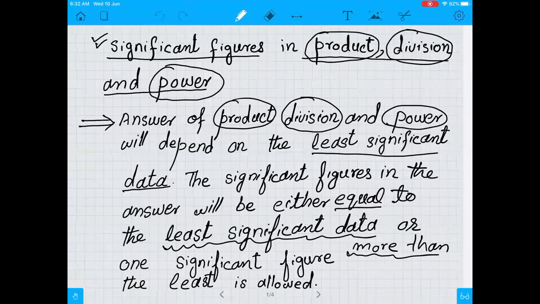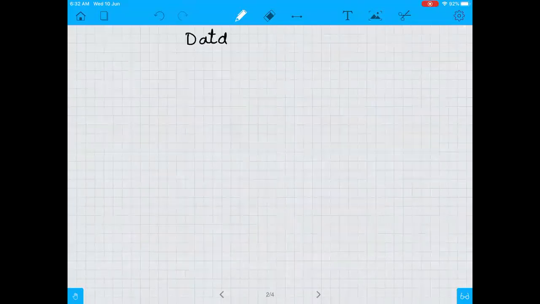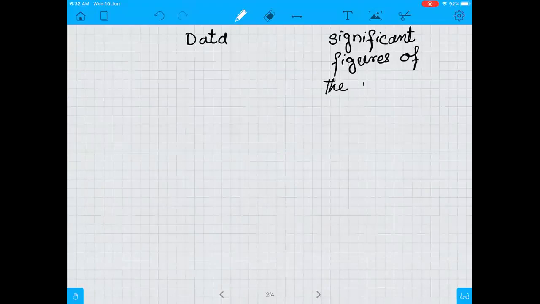if we write data and significant figures of the answer. So for the given data, what would be the rules for the significant figures?